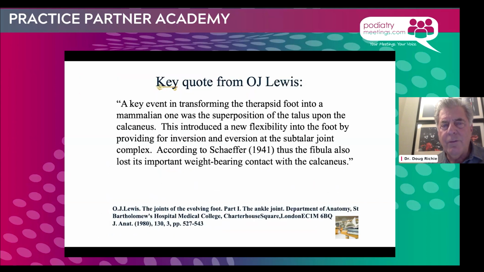A key quote from one of the papers is that a key event in really comparing all other feet to the human foot is what he calls the superimposition of the talus upon the calcaneus, the stacking of the talus on top of the calcaneus rather than next to it. This introduced a new flexibility in the foot, providing inversion and eversion of the subtalar joint complex. And he also pointed out that the human foot evolved to the point that the fibula no longer has any contact with the calcaneus.